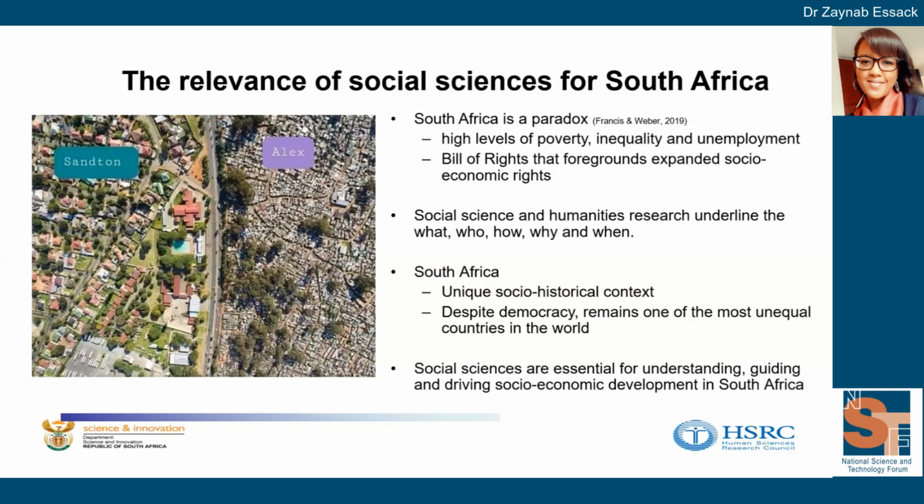So the critical role for social science is in identifying some of the issues, identifying enablers, not just barriers, and in understanding how to improve policies and also where policies are not working at all. So the social sciences are essential for understanding, guiding, and also driving social economic development in our country.